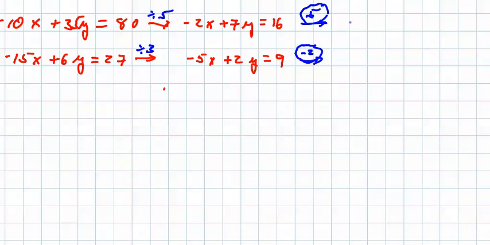So now I have, back to red, negative 10x plus 35y equals 80. And I have positive 10x, negative times negative is positive, minus 4y equals negative 18.